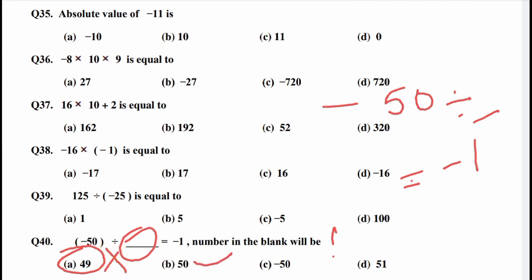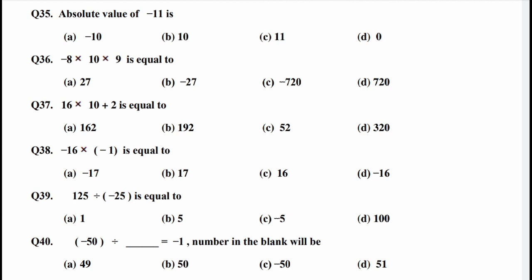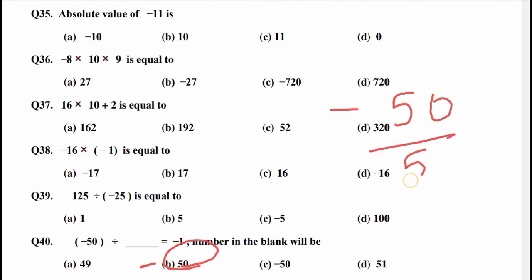Then we take 50. So -50 divided by 50 is equal to -1. So the correct answer is B. You can also check options C and D, but here we get the correct answer with option B because -50 divided by 50 is equal to -1. So the answer is B, 50.